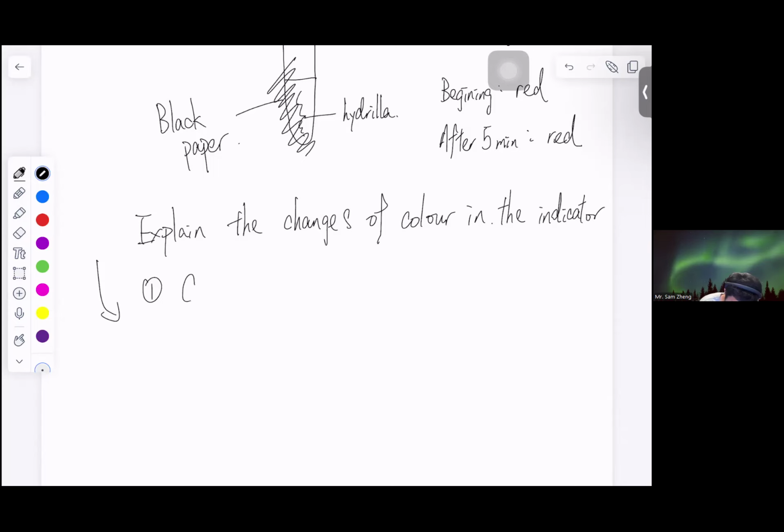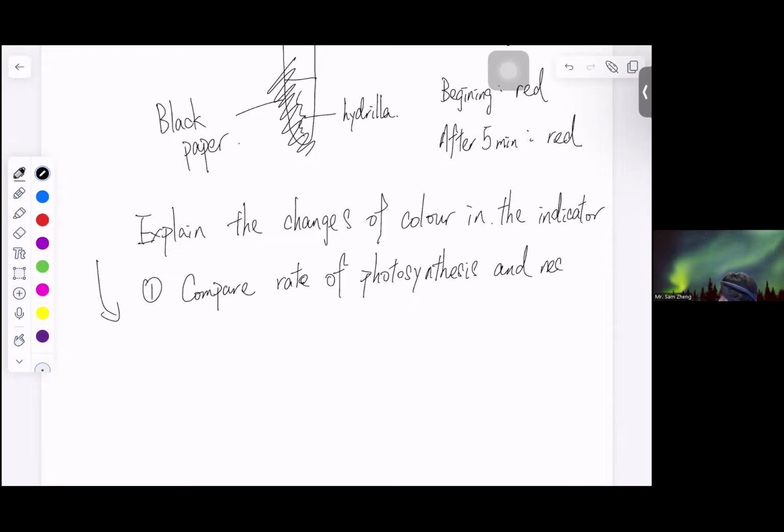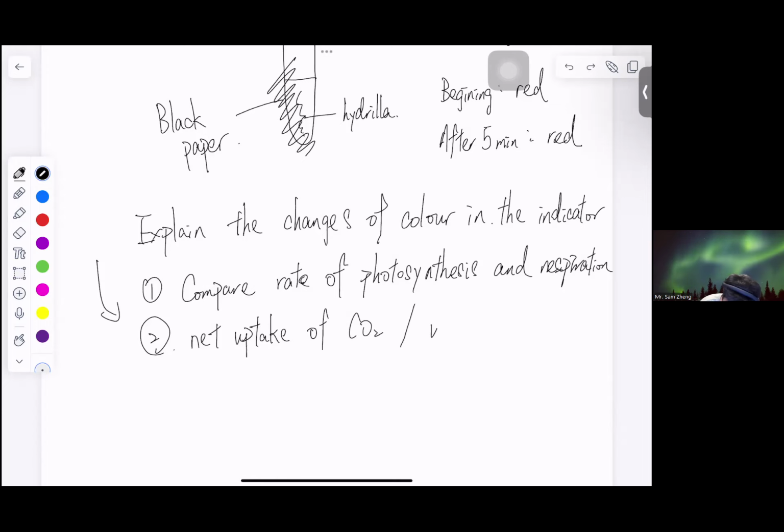First, compare the rates of photosynthesis and respiration, to see whether there is any net uptake of CO2 or net release of CO2. Please think about the statement.